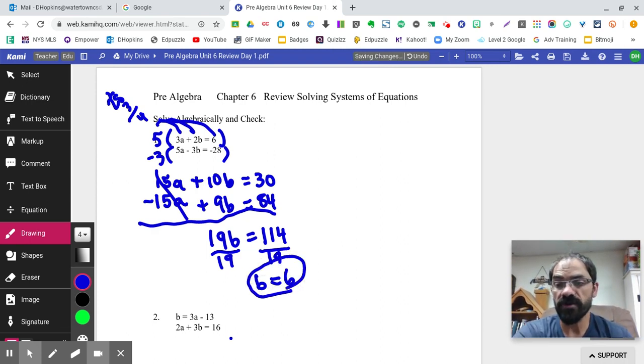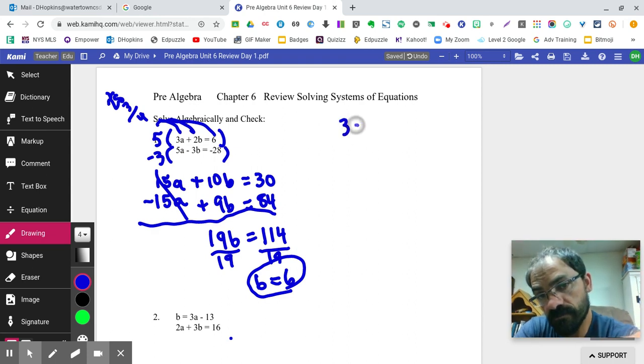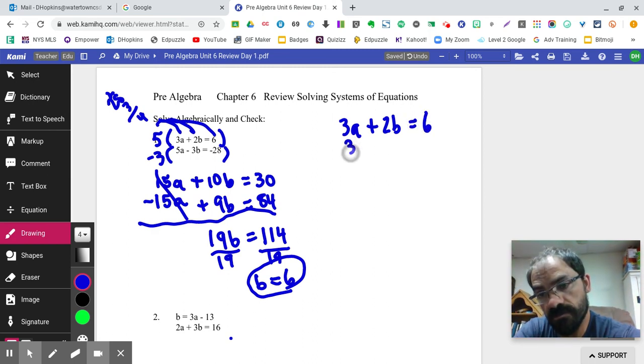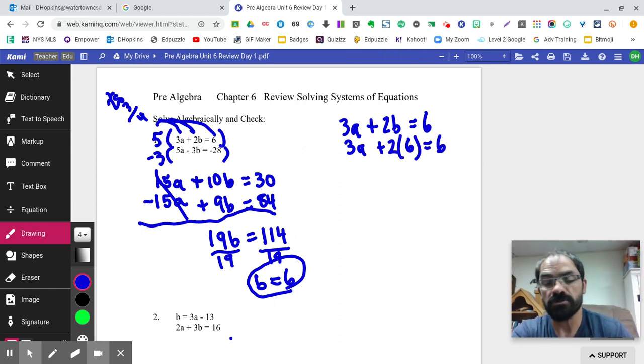And then I still have to solve for a. I can plug 6 into either one of those two equations for b and still get the correct answer. So let's use the top one. So I plugged 6 in for b.